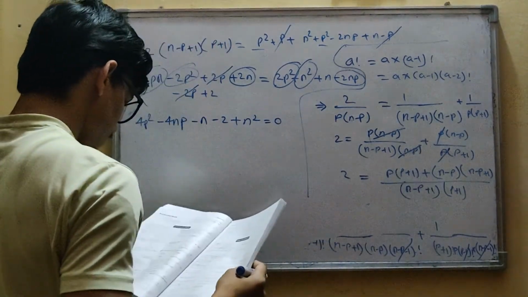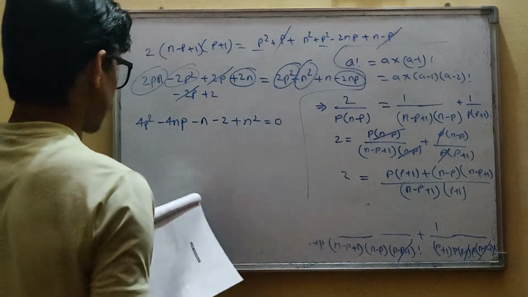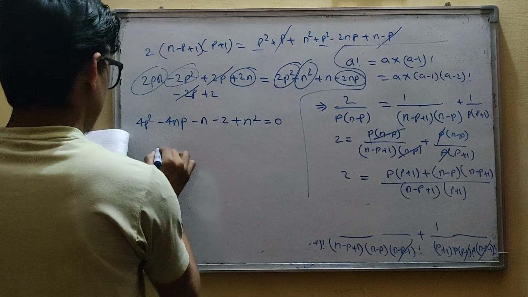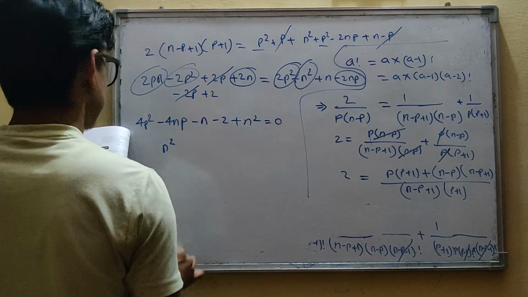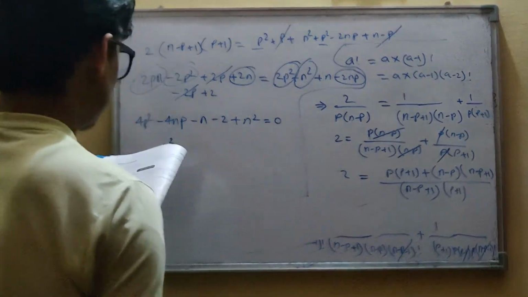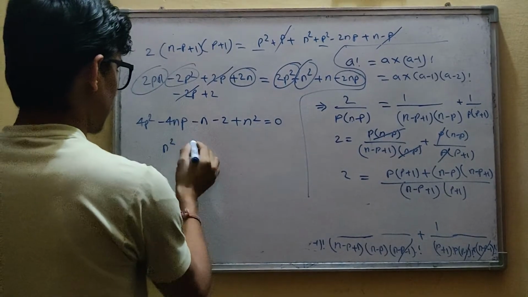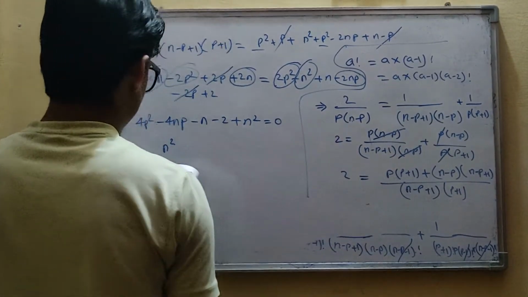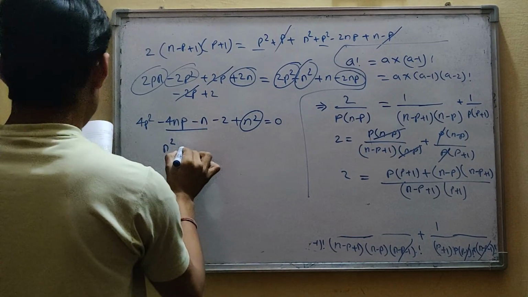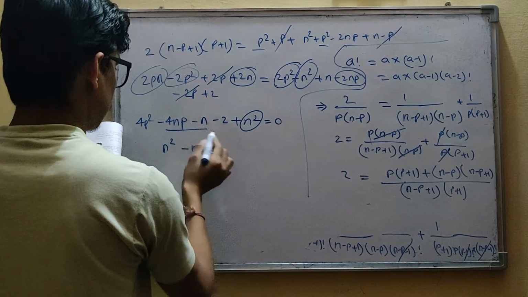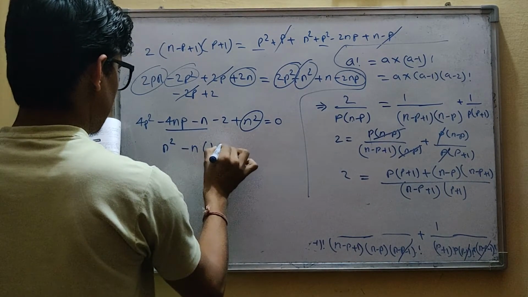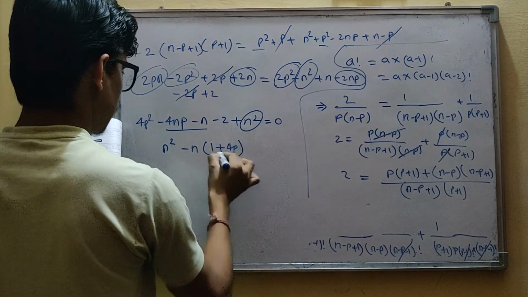So let's do now n square, so I have to take n square as a common. So none of the questions are going to match, right? 4p square we have as an option, so n square, and from here take minus n as a common, so it is going to be plus 1 and plus 4p, right?